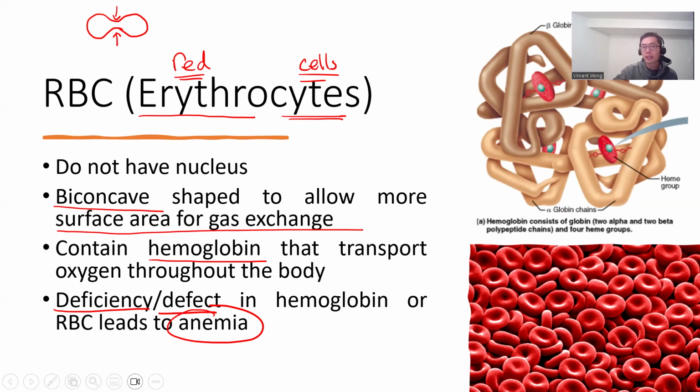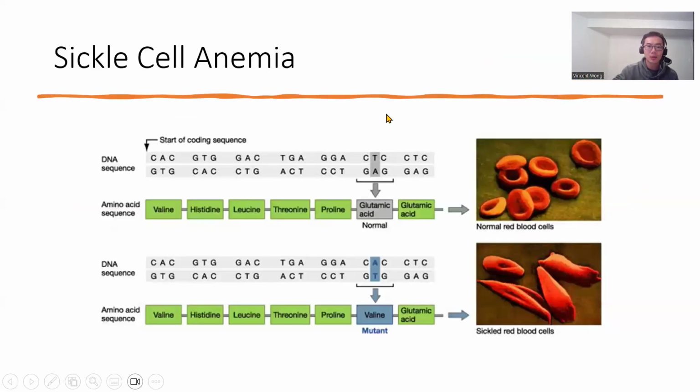Now, there are different causes for anemia. Do you remember one example, one type of anemia that we learned last semester? I must have repeated it several times. Sickle cell. Sickle cell anemia, that's right. So sickle cell anemia is a point mutation that results in a missense mutation.